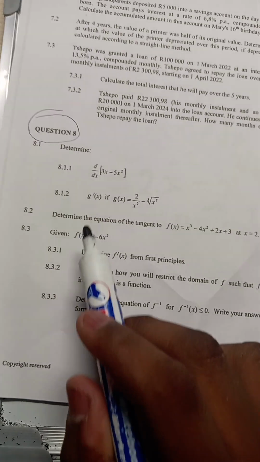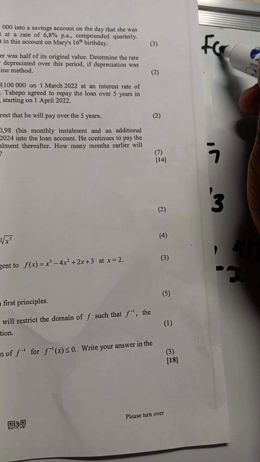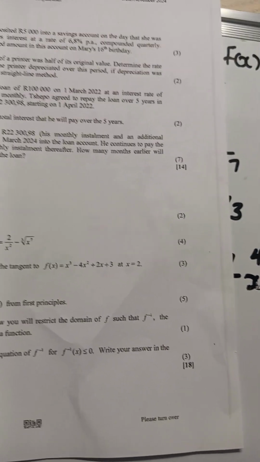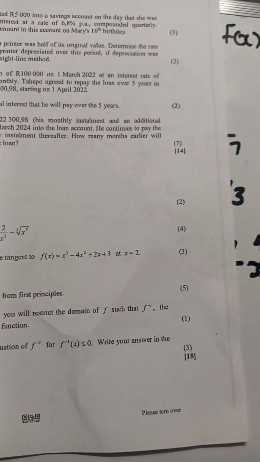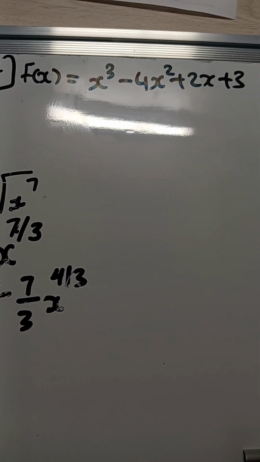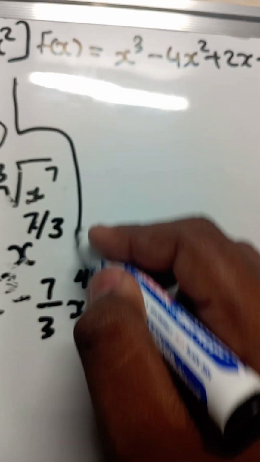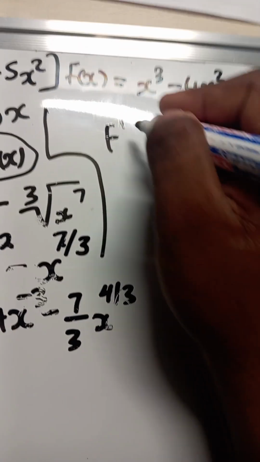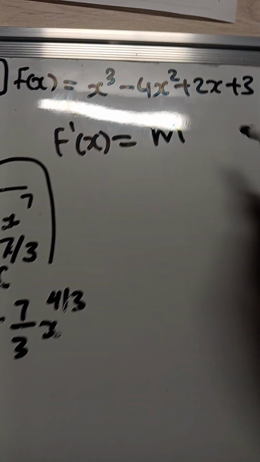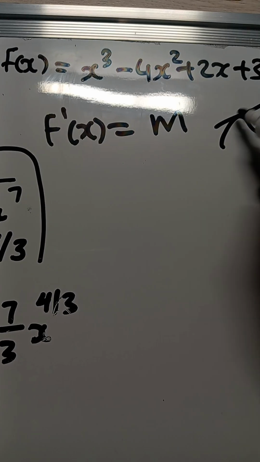the next question says determine the equation of the tangent. So now basically they want us to find the equation of the tangent. So now f of x is equal to x cubed minus 4x squared plus 2x plus 3. Since they want us to determine the equation of the tangent, I always tell you guys f prime of x is equal to the gradient, because when you have a curve, then there is a tangent.